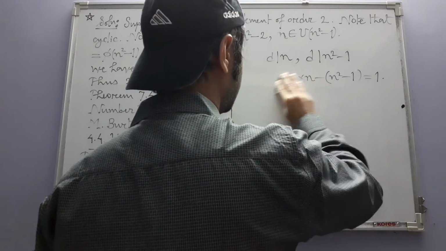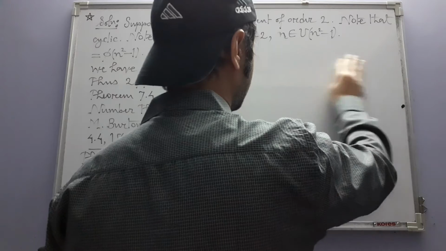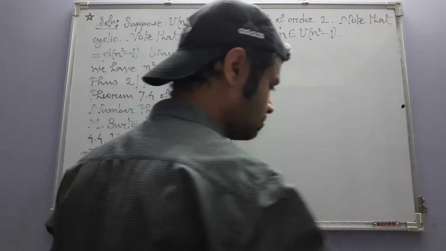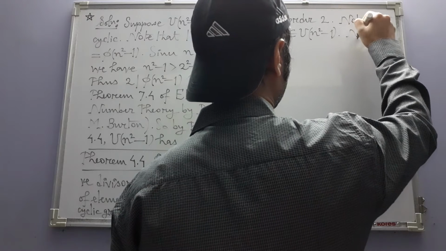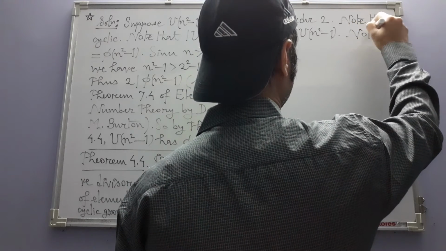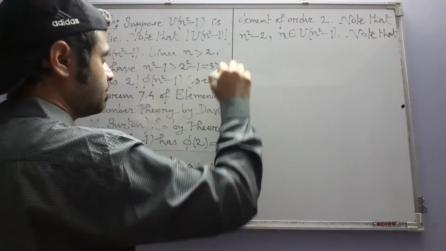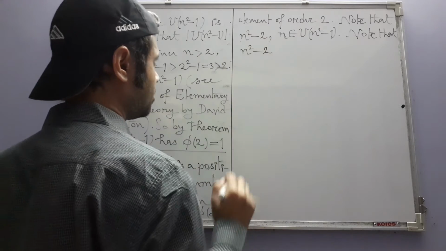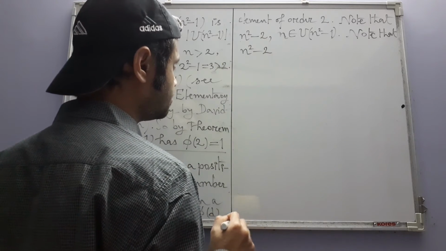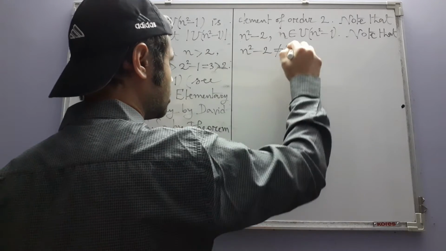Now next we calculate their orders. Note that n square minus 2 is not equal to 1.